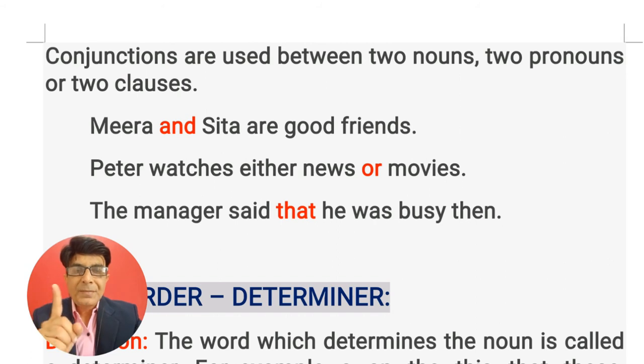The manager said that he was busy then. Here we have two different clauses, two different sentences. The manager said is one sentence, he was busy is another sentence. To join these two sentences, we have used the conjunction that. So remember, conjunctions are used to join together two different nouns, pronouns or clauses, and they are used in between these two.